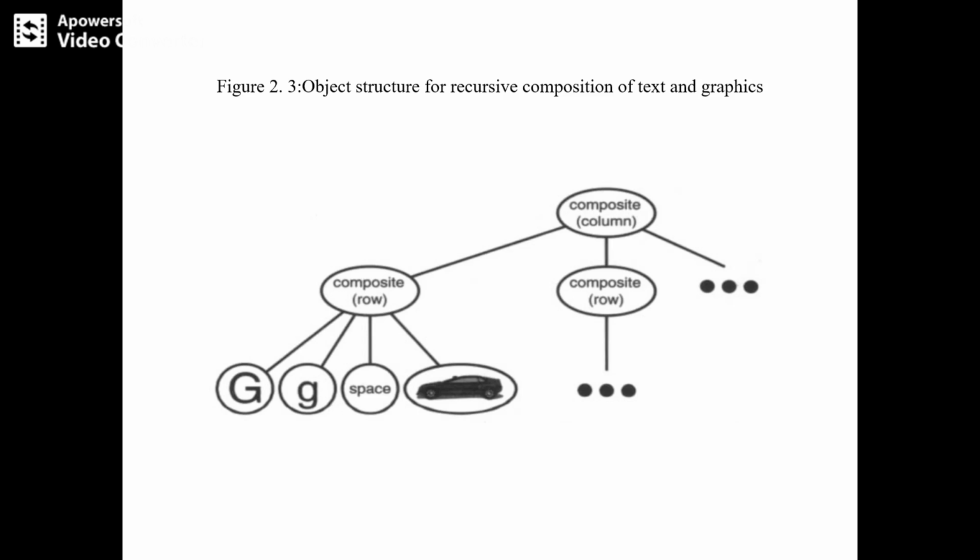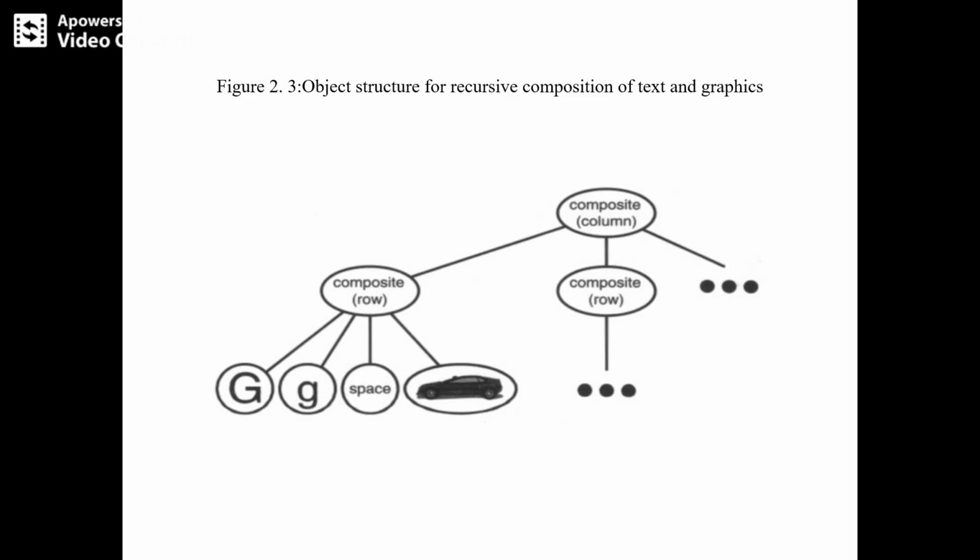Similarly, composite row 2, which will have, as I said in the example, another character or space, any object, or object, character, space. Like that this will continue. So this is one object structure for recursive composition of the text and graphics.